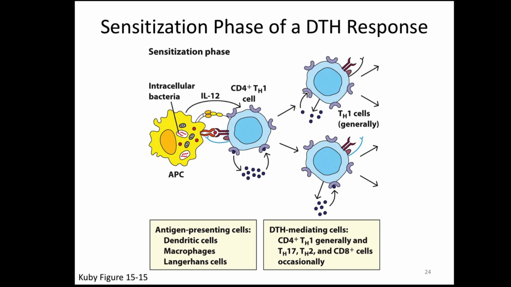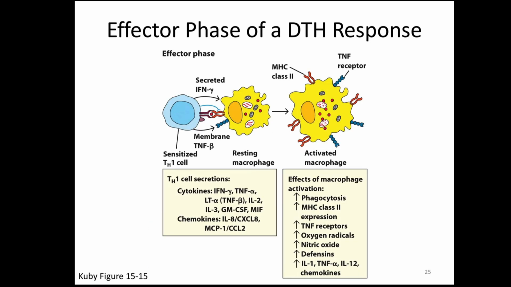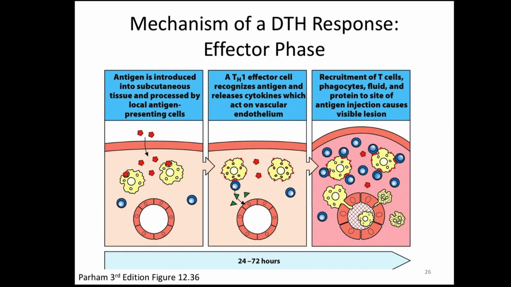And so now that you have these memory Th1 cells, they are going to be able to act really quickly to activate macrophages and induce a lot of inflammatory responses. And so you can see this happening sort of here. So first the antigen comes in, goes into the macrophage.